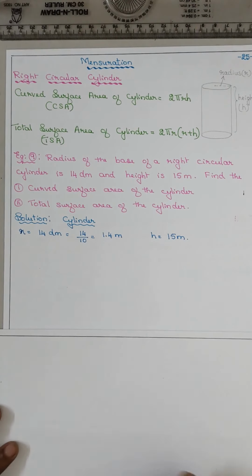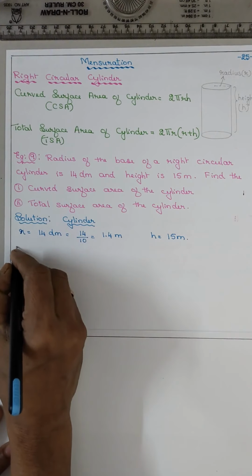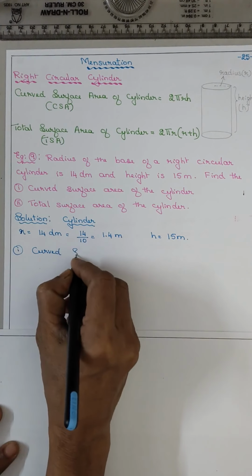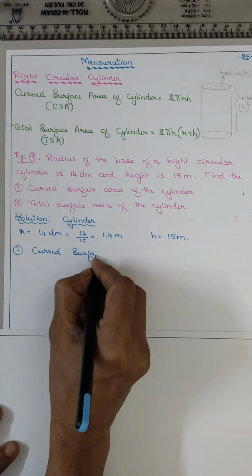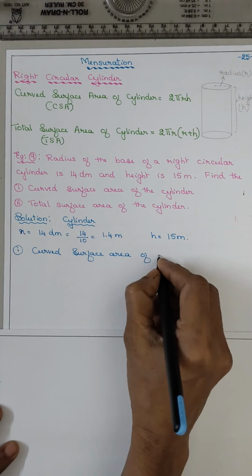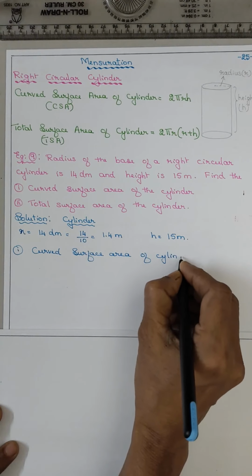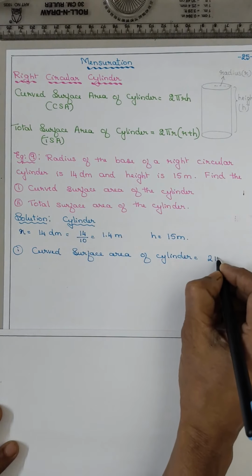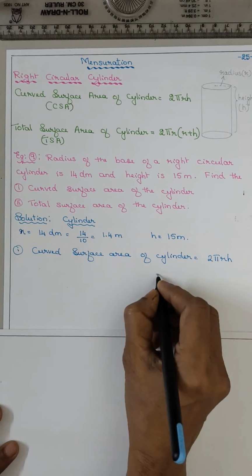Okay. Now first the curved surface area of the cylinder. What is the formula given? 2 pi RH. Put the values.